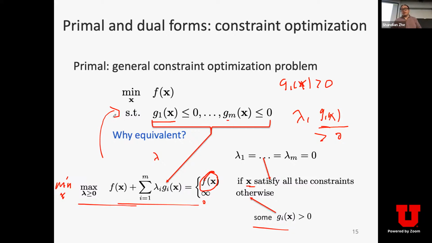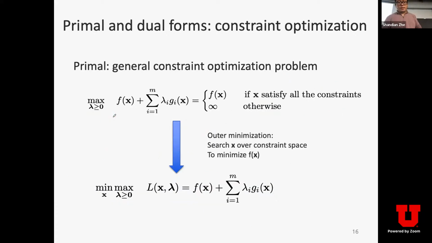This is a very simple logic reasoning to explain why converting the original problem to this minimax optimization problem is equivalent. So basically, the key observation, let me repeat again, is that if you maximize the Lagrange function with respect to non-negative lambda, it will give you two results.